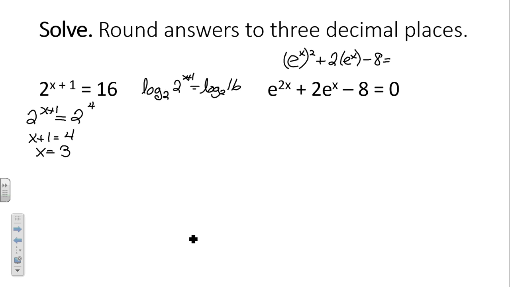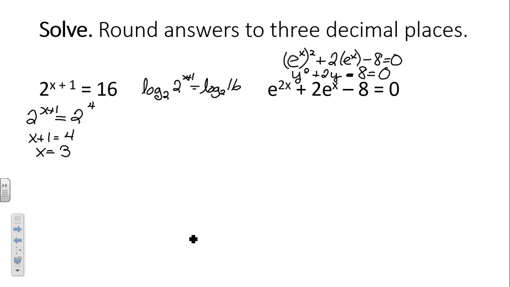Everyone see that? And if that's confusing for you, you can plug in a different variable. Everywhere we see an e to the x, we could call this y squared plus 2y minus 8 equals 0.